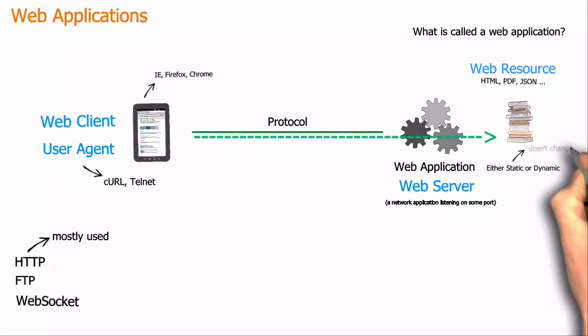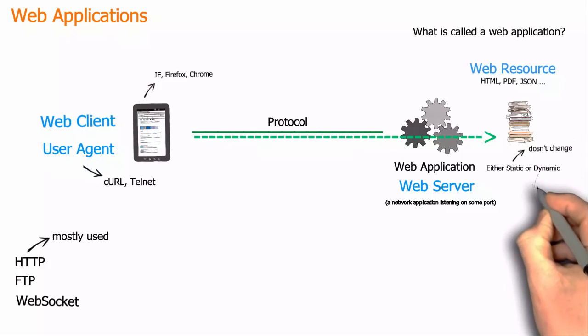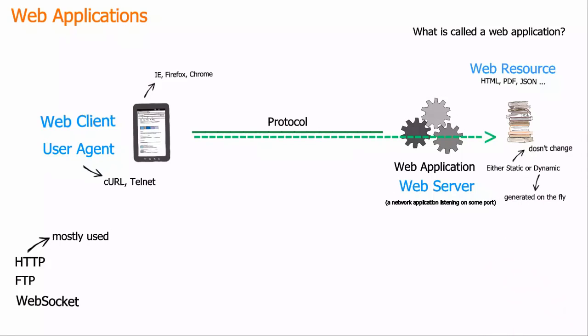In contrast, a dynamic resource is generated on the fly, in the sense that when a request for a dynamic resource comes from a web client, the web server builds the resource on the fly.